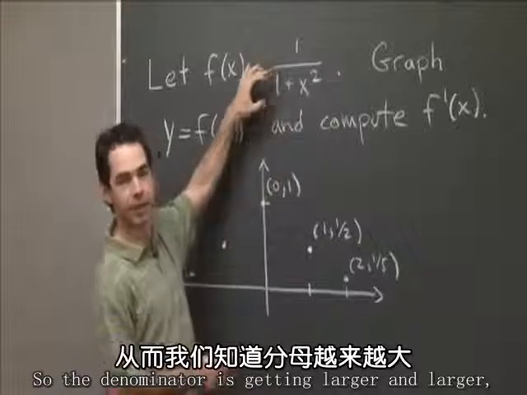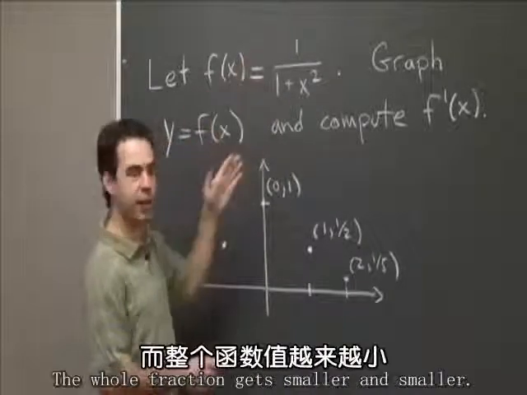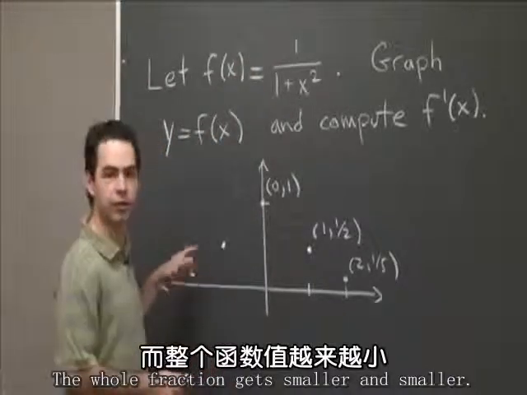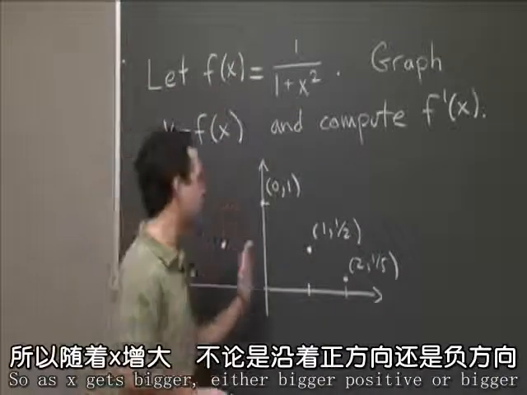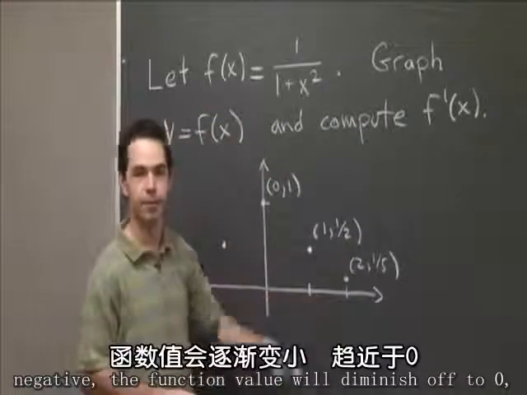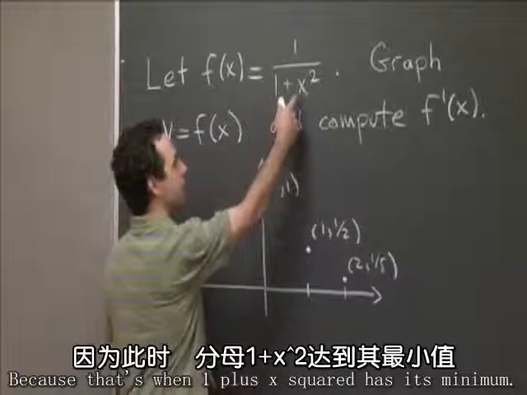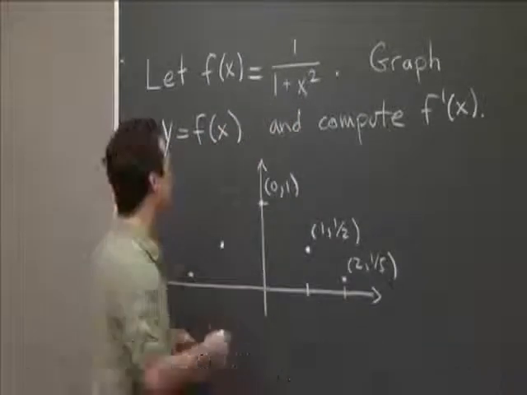If the denominator is getting larger and larger while the numerator stays constant, the whole fraction gets smaller and smaller. So as x gets bigger, either bigger positive or bigger negative, the function value will diminish off to 0, and it has its maximum value here at 0, because that's when 1 plus x squared has its minimum.